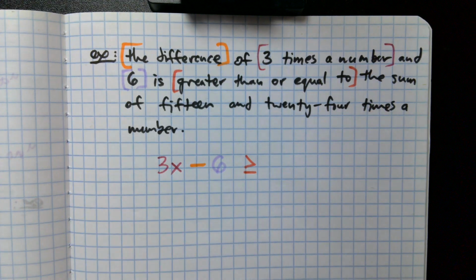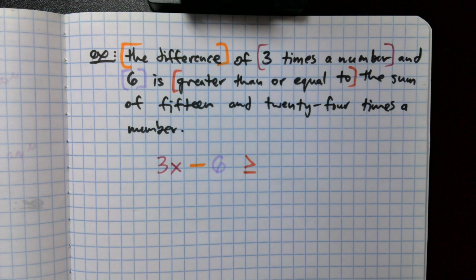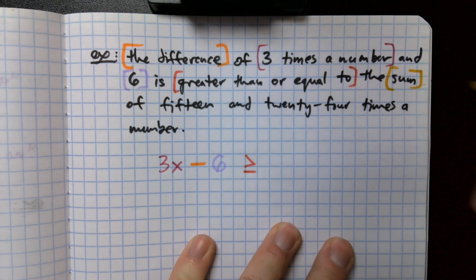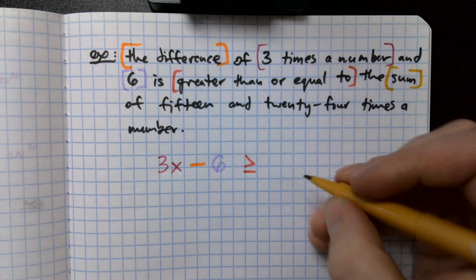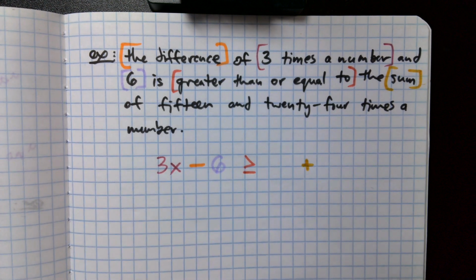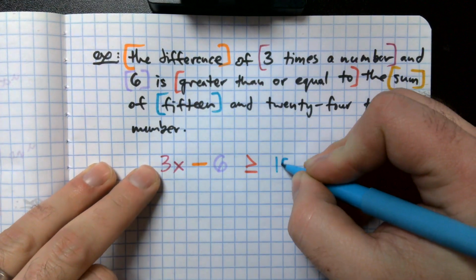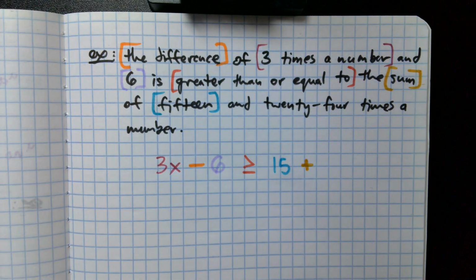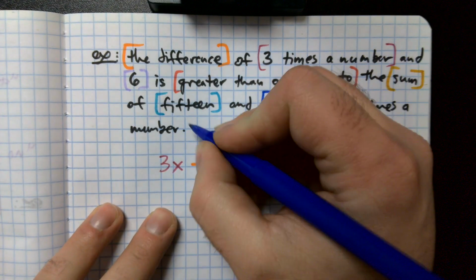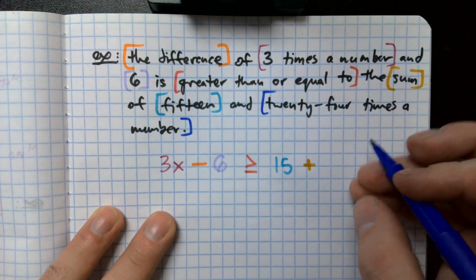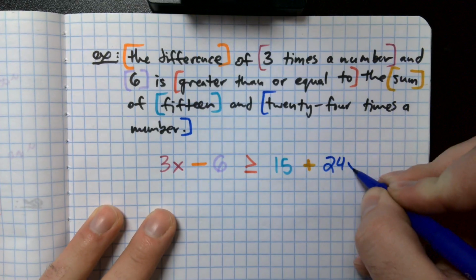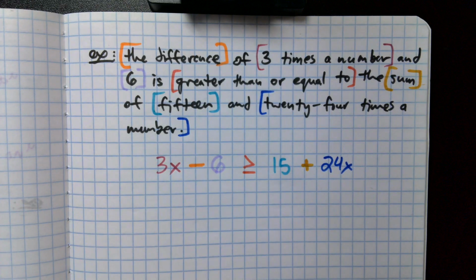Greater than or equal to the sum. What operation is sum? Addition. The sum of 15 and 24 times a number. What does that look like? 24x.